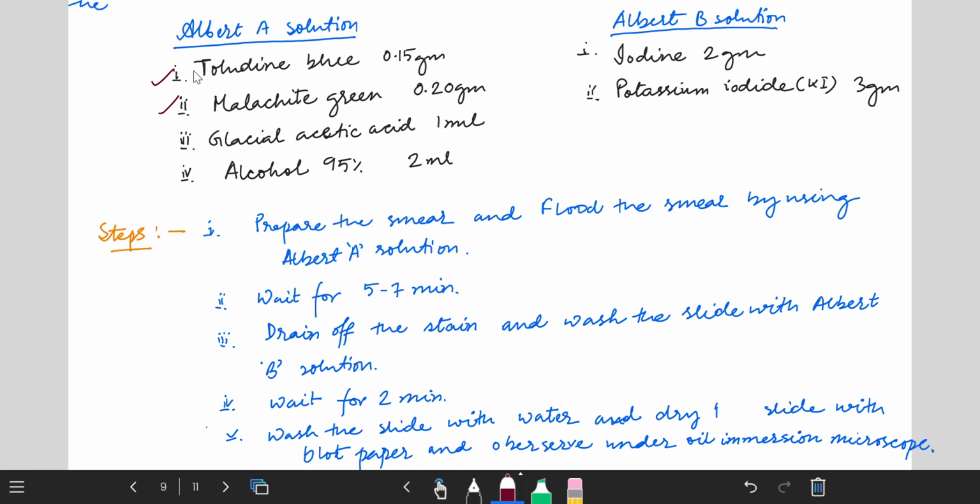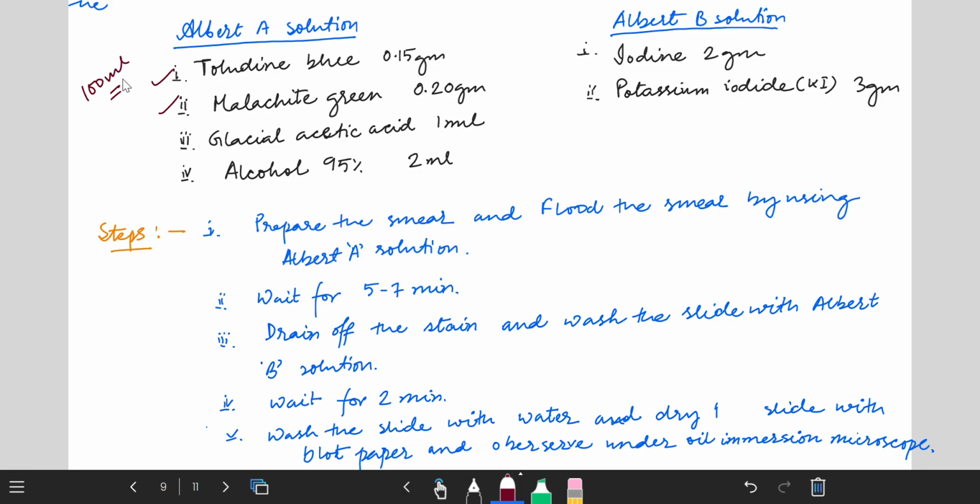Then filter and add distilled water to make the final volume up to 100 ml. And how is Albert B solution prepared? Dissolve the potassium iodide in water and then add iodine. Thus, Albert B solution is prepared.